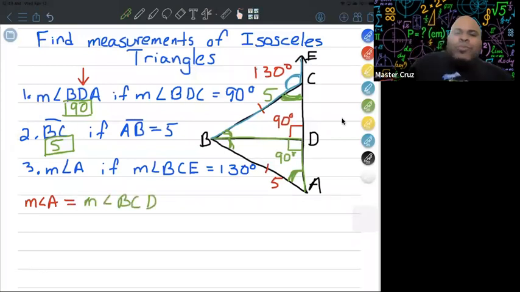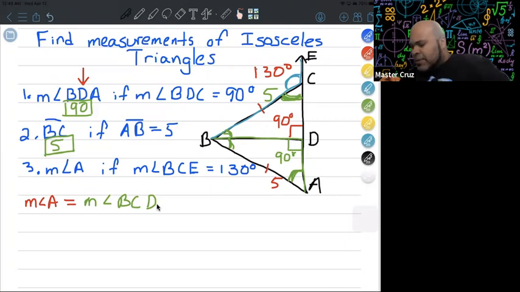So all we have to do is, because again, this forms a supplementary angle, a linear pair, that's 180. So all I have to do is to find out this angle, which is angle BCD. All I have to do is take 180 minus 130, because that was the given angle to me.